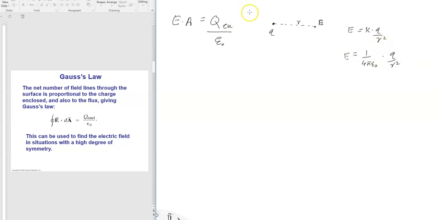Right. So let's use the Gauss method. Now we're going to do the same thing with the Gauss method. So we have this charge Q. We want to find the electric field at a distance r. So what we do is we draw a circle taking this distance as the radius.